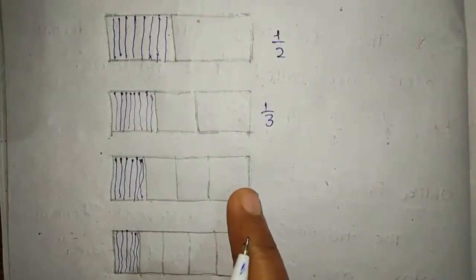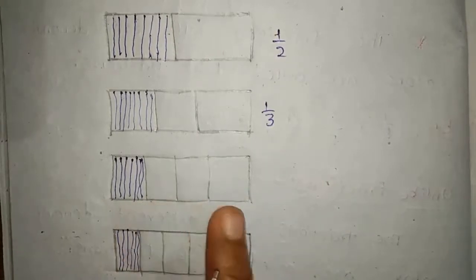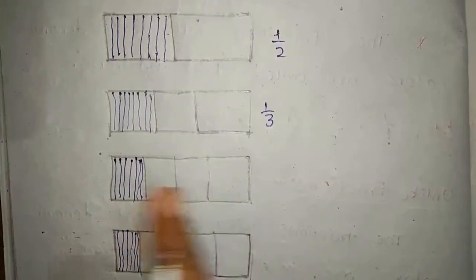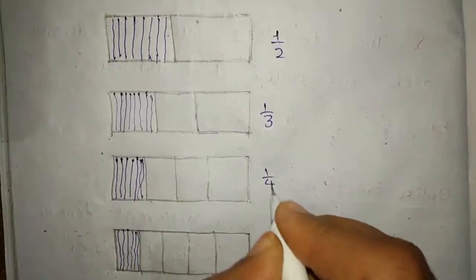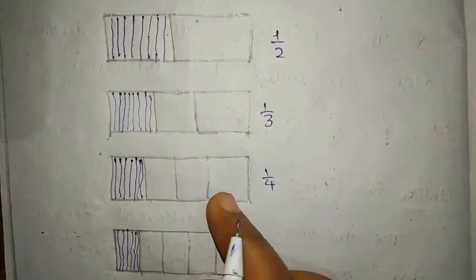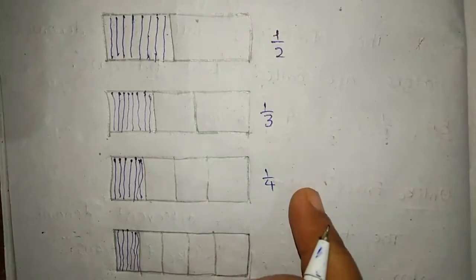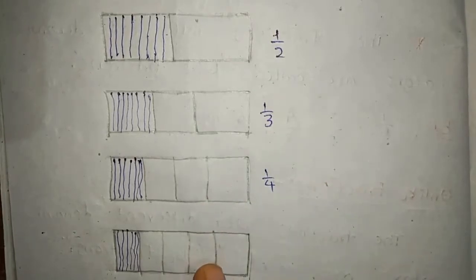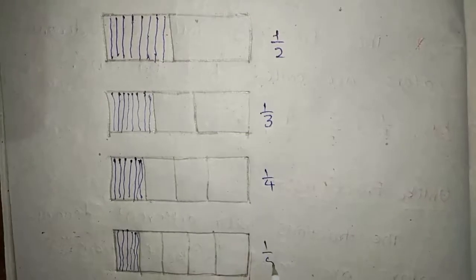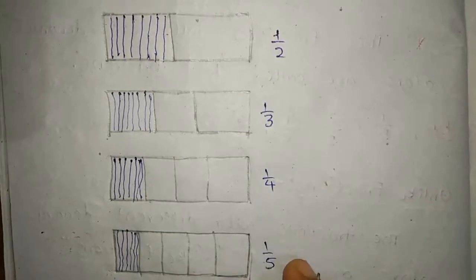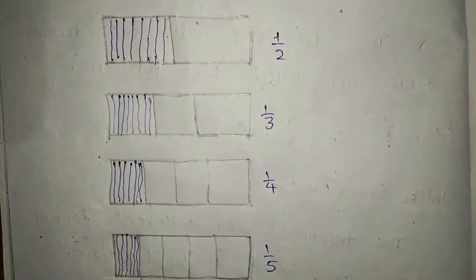And the third rectangle is divided into 4 equal parts, and one part is shaded. Now this is 1/4, 1 out of 4 equal parts. And the last rectangle we divided into 5 equal parts. One part is shaded. This represents 1/5, 1 out of 5 equal parts.